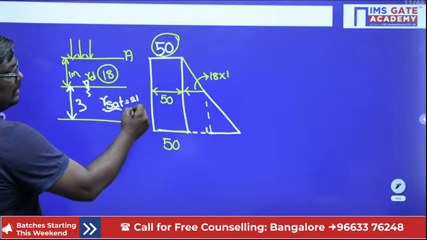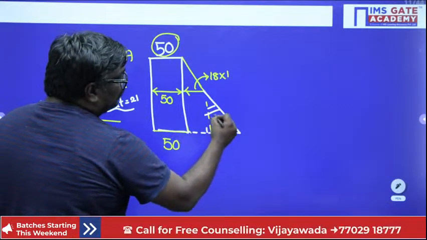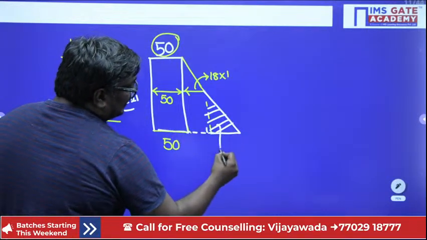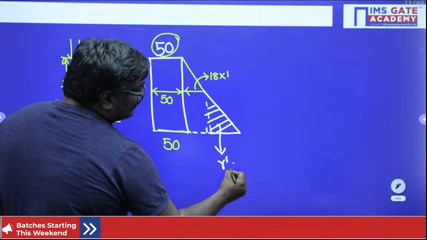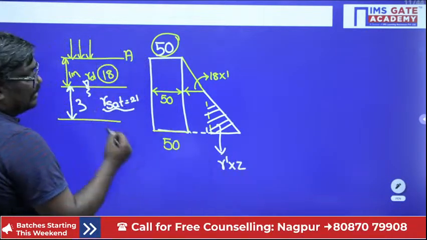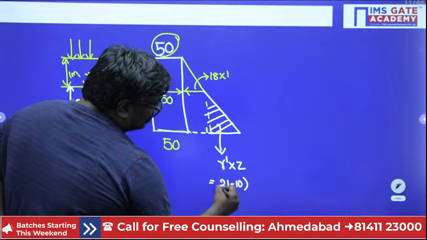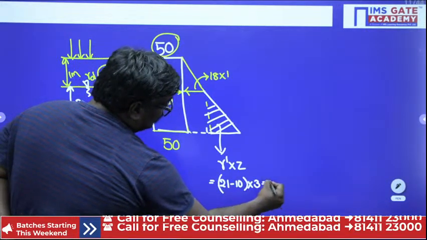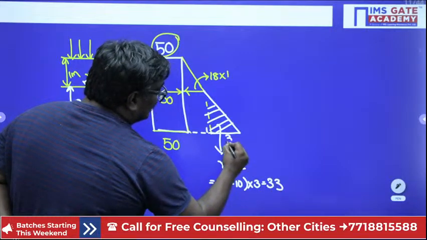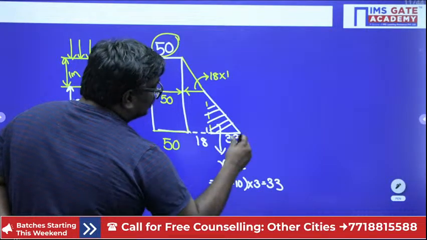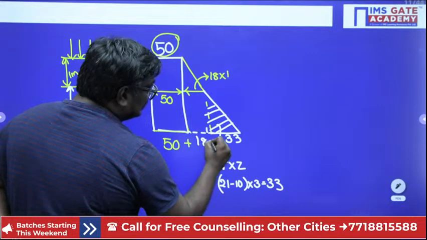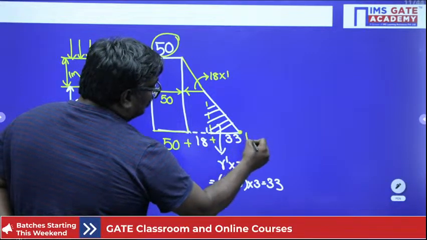Because of gamma sat, and this portion will be taken as gamma dash into z, because there is a water table here. So this is equal to 20 minus 10 into 3, that is equal to 33. So this portion is 33 and this is 18. So what is the value if you add all these things? It will be equal to 101.